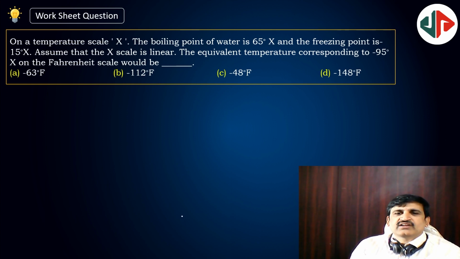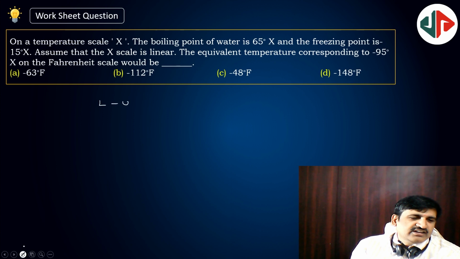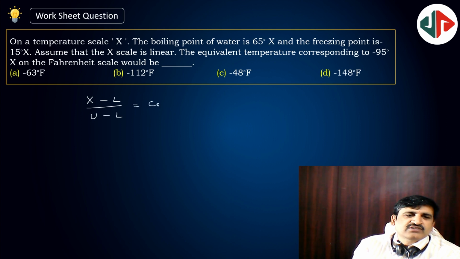On the temperature scale X, the boiling point of water is 65 and the freezing point is 15. Assume that X is a linear scale. What is the equivalent temperature corresponding to minus 95 degrees X in Fahrenheit? So the conversion is (measured reading minus LFP) by (UFP minus LFP) equal to a constant.